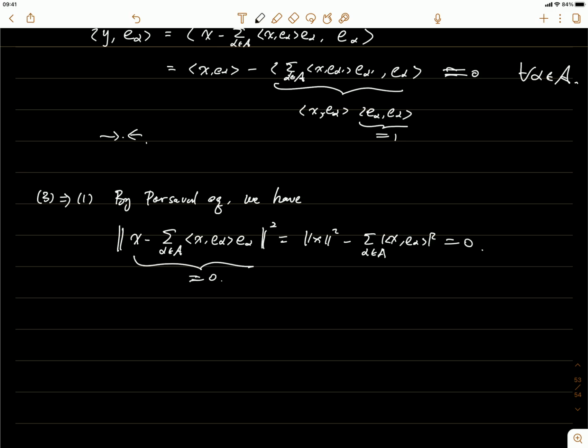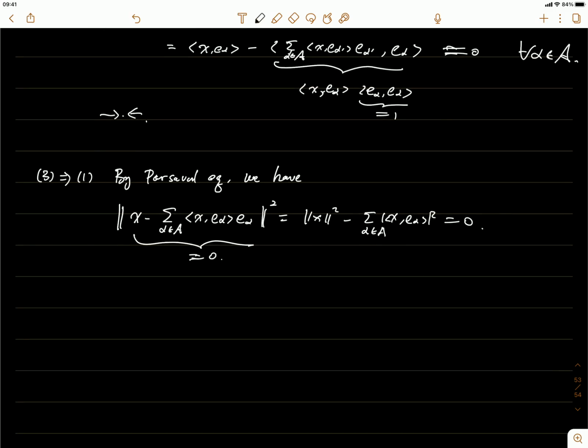For any x, I know that this is equal to 0. It just means that x can be written as a linear combination of the e alpha. And this means that the e alphas form a basis. Okay, and that shows 1.